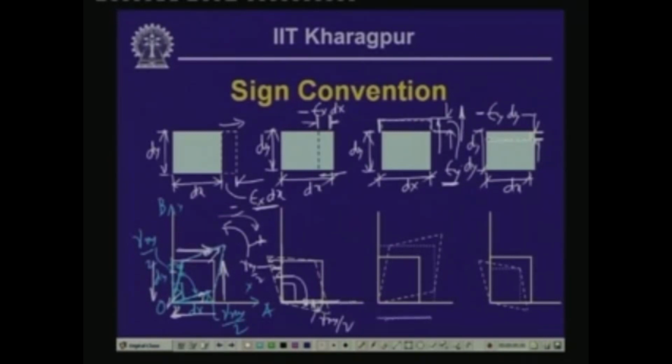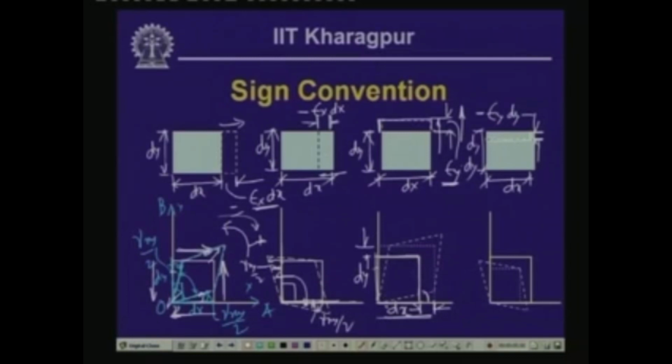Now, this is the configuration which shows that this particular element, which was of length dx and dy in the initial stage, undergoes deformation in the x direction, this is the deformation in the y direction, and also it has shearing strain.